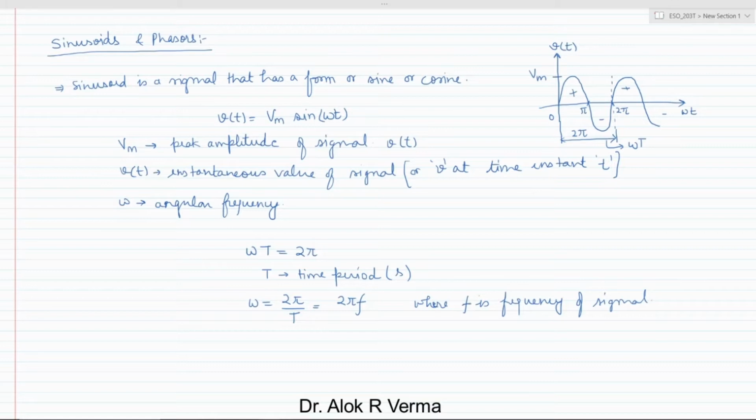Frequency is nothing but the number of cycles per second. So it is measured in number of cycles per second, in hertz. So this quantity is measured in hertz.